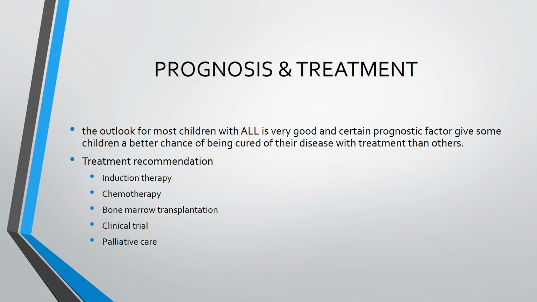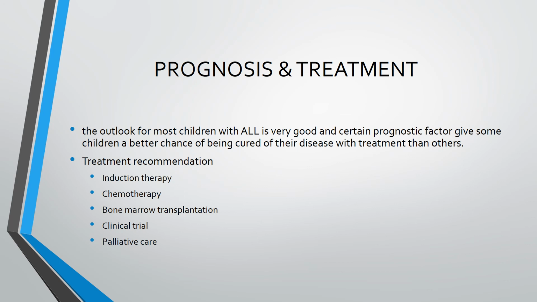For prognosis and treatment, the outlook for this patient and for most children with ALL is very good, and certain prognostic factors give some children a better chance of being cured of their disease with specialized treatment. There are a few types of treatment recommended for this patient.